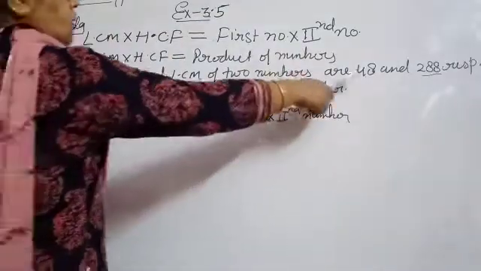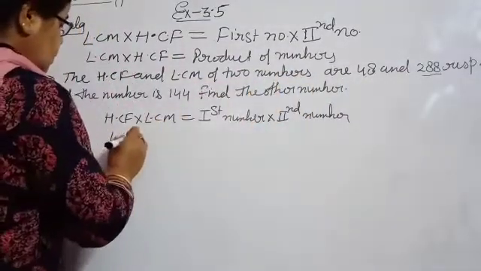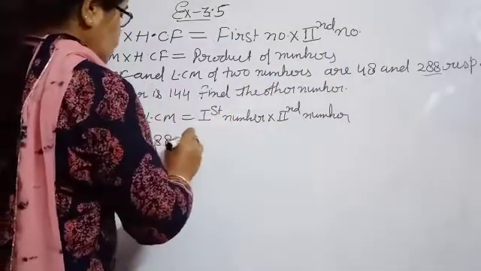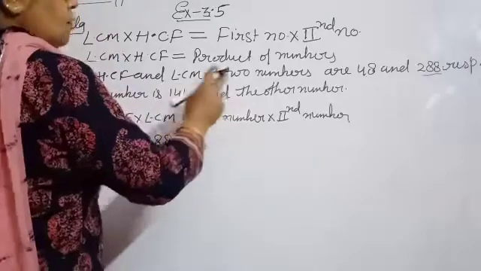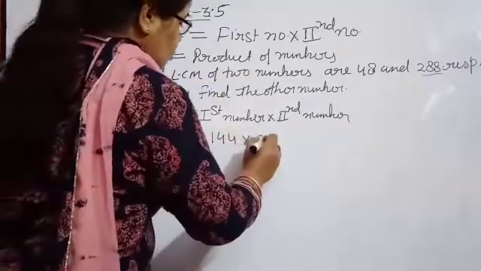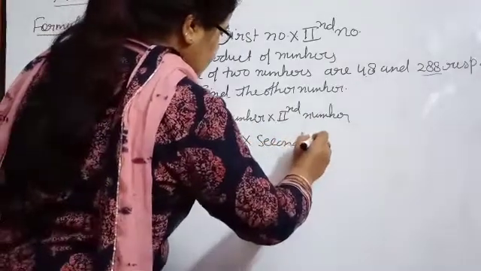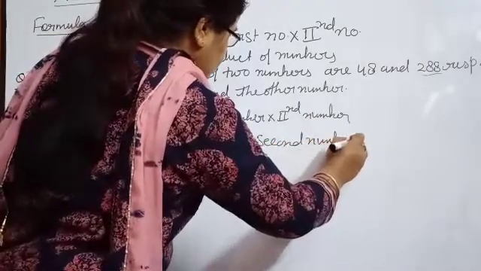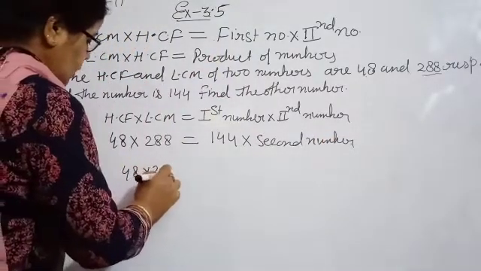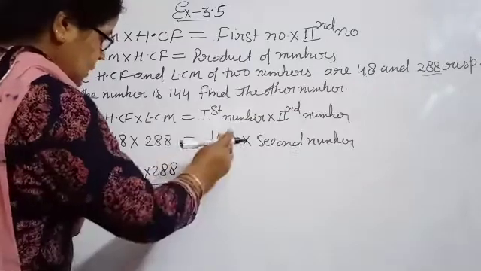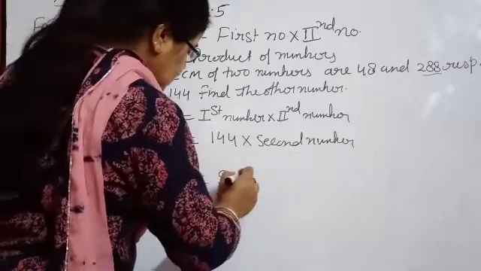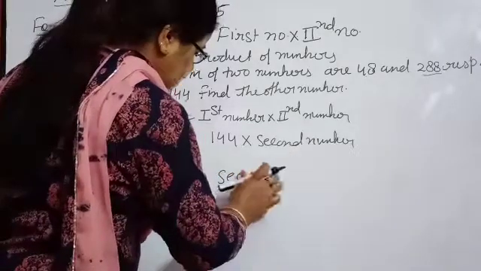HCF is how much? 48 into LCM is 288, is equal to the first number, one of the numbers is 144, and the second number we don't know, write it as second number. Maybe everybody of you has understood up to here. Okay, now 48 into 288 divided by 144, which will come down here, and the second number will remain. Have you understood? I am hoping that everybody of you has understood.